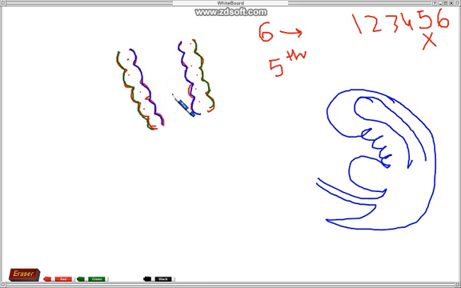The internal part, the pharynx, is always lined by an endodermal layer. The external wall is made up of ectodermal layer, and the middle, the main part, is made up of your mesoderm.